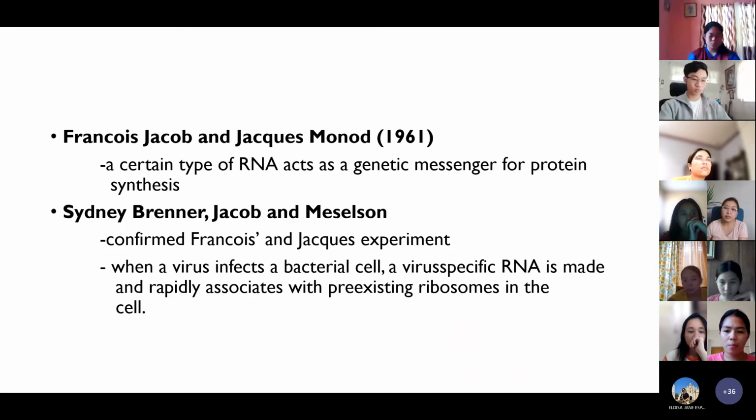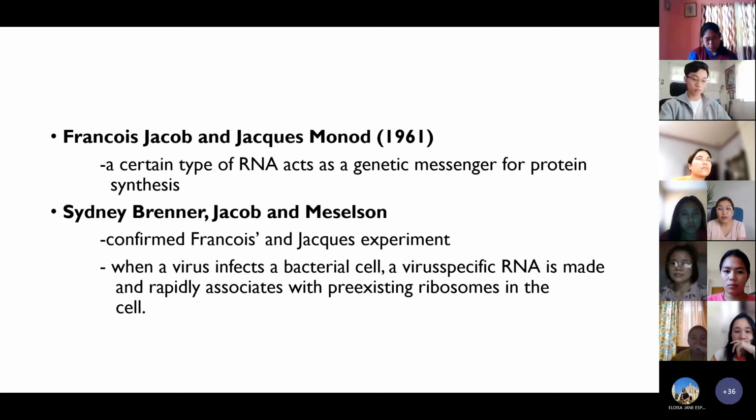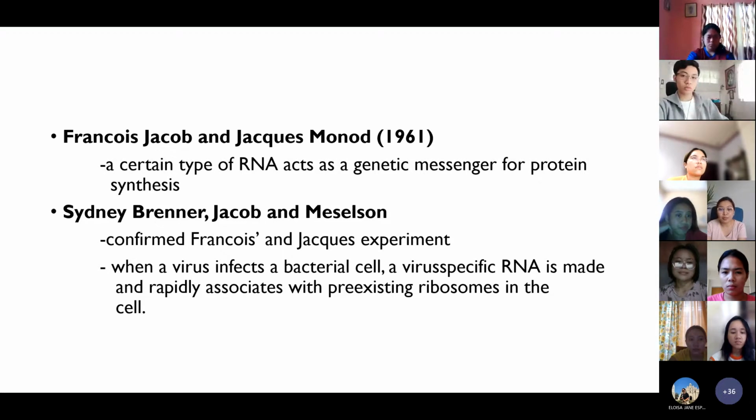So we have a few famous people. In 1960, we have Matthew Meselson and Francois Jacob, who found that proteins are synthesized on our ribosome. A year after that, Jacob and his colleague, Jacques Monod, proposed that a certain type of RNA acts as a genetic messenger.